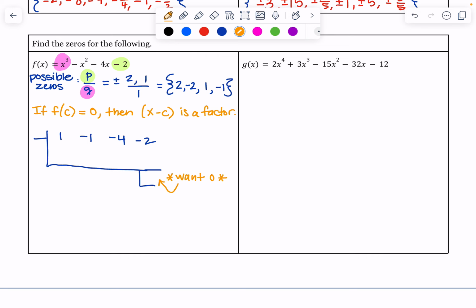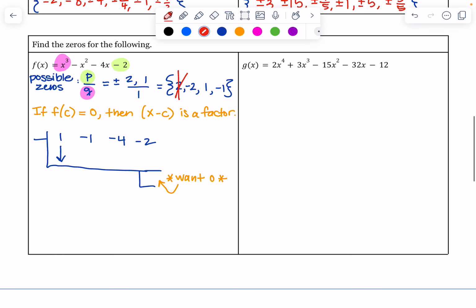Okay, and then we're just going to try numbers from our possible zeros. So let's start with +2. So I'm going to bring down the 1, multiply and add, multiply and add, multiply and add. Okay, I did not get a 0 here, so that means that 2 is not a 0 for f of x. So I marked it off in my possible list, and then I'm going to erase everything from my table and try something else.